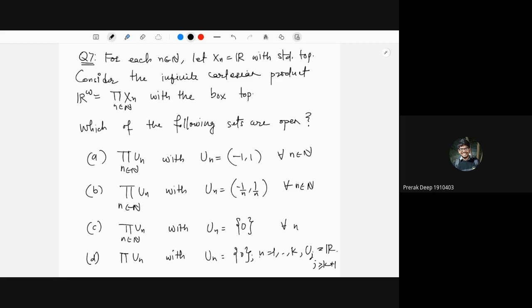So in the box topology, the basis elements are the products of open sets.